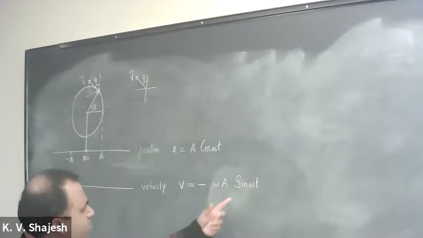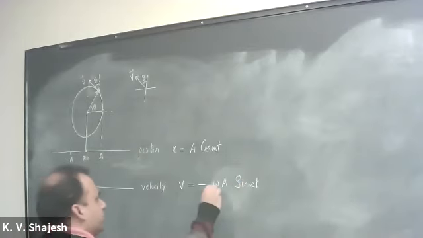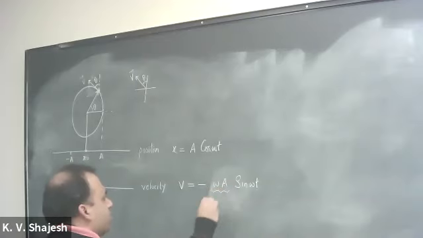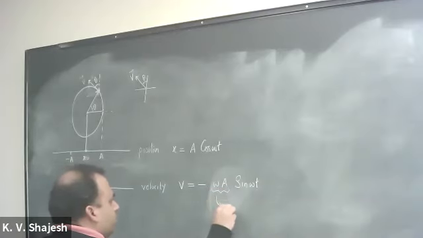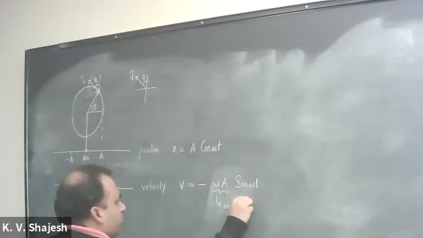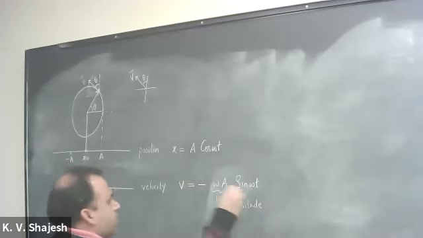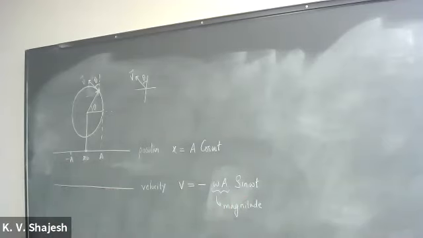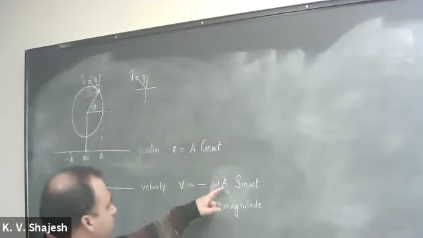So how did I get these three pieces? That's your amplitude, that's your magnitude. In circular motion, the magnitude of the velocity is given by angular velocity times the radius.